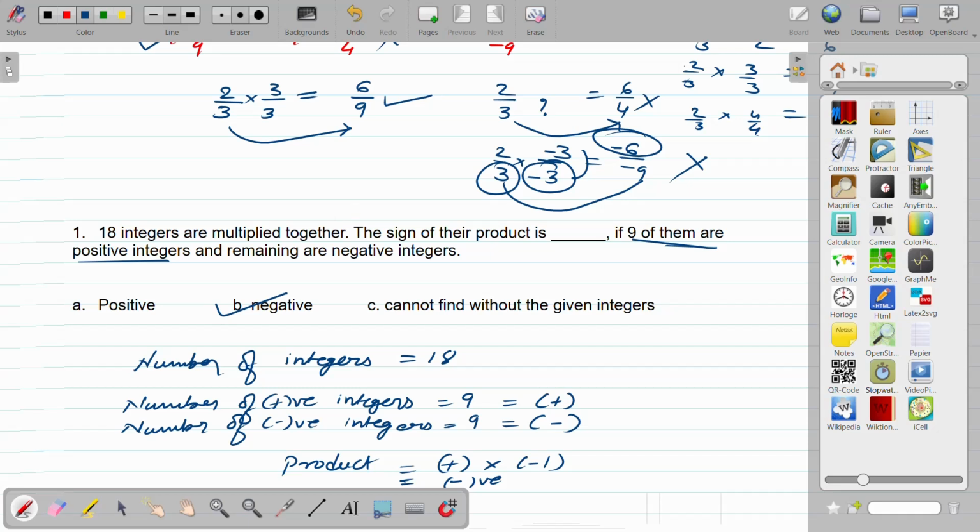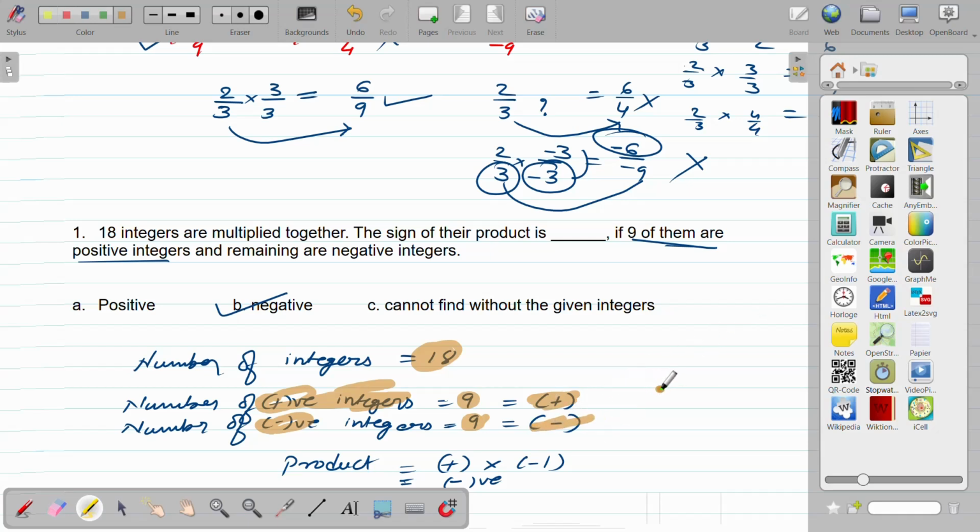Is that clear to everyone? This way Atharva has solved. I think many of the rest of you have not written. The steps are important and the product is important. Look, this way you have to imagine: total number of integers are 18. Out of that, positive integers are 9. Product of 9 positive integers will always be positive, and product of 9 negative integers is negative.